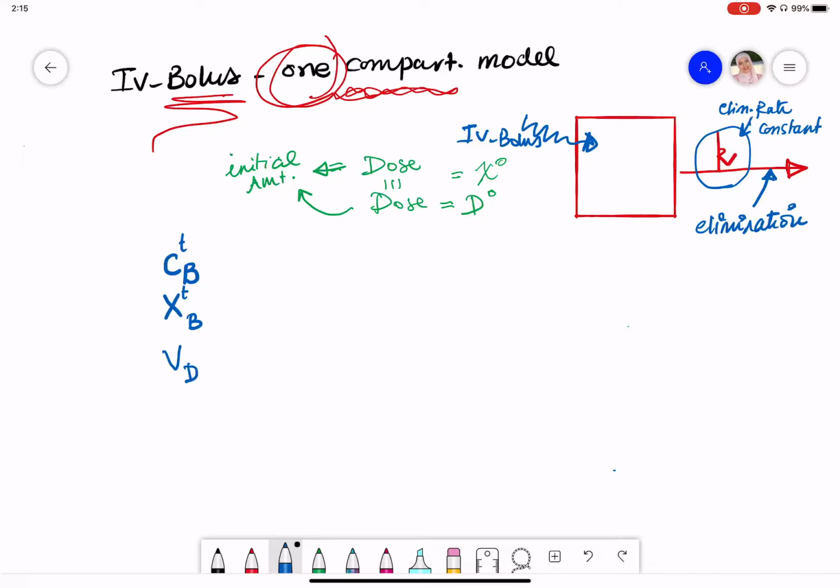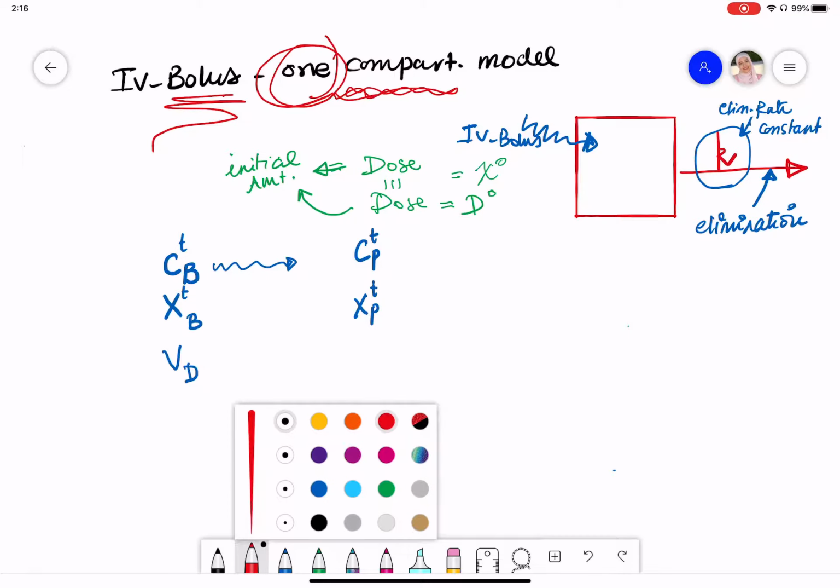We also have concentration at a certain time measured in the plasma or the blood, and the same thing for the amount measured in the plasma or blood. Okay, so those are the symbols that we will use.